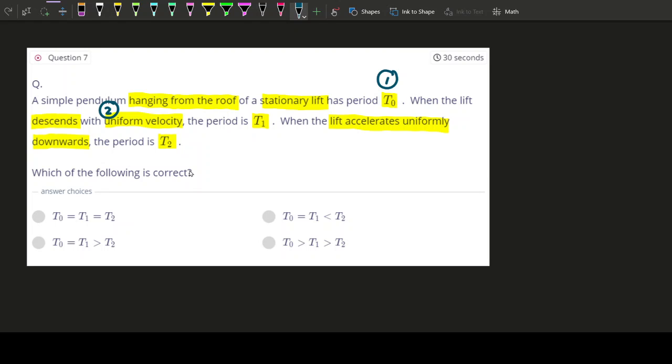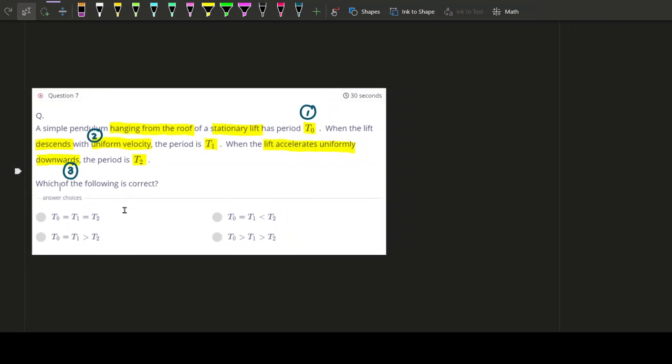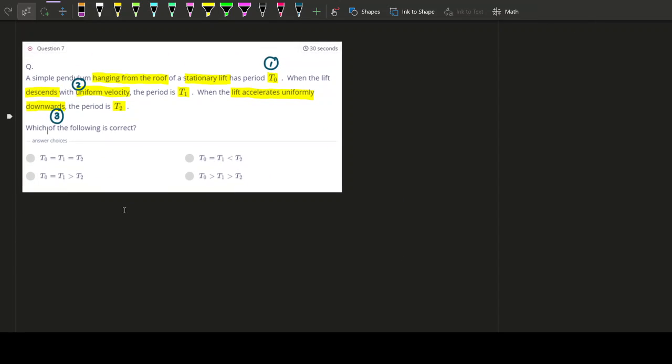Then when the lift is accelerating uniformly downwards, that's case number 3. So for each of the cases, you have period T0, T1, and T2. This question will ask you to compare between T0, T1, and T2. So let's try to think about this question.